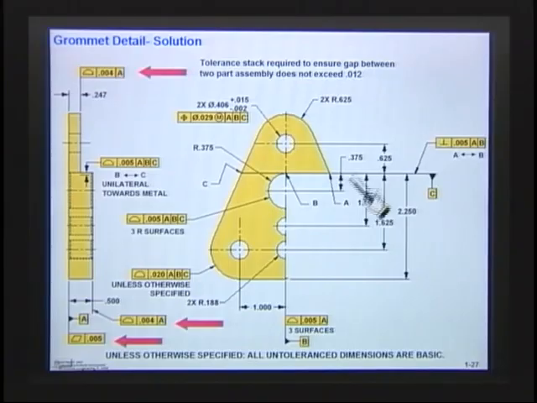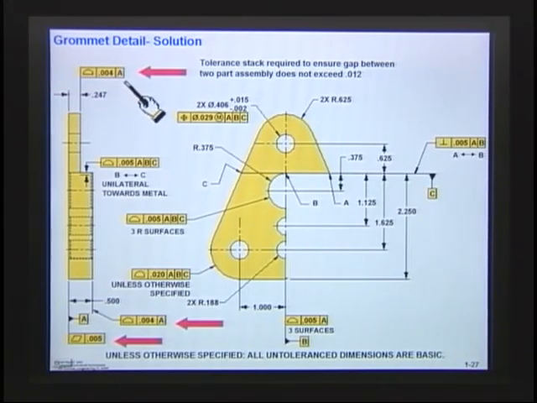You should have your final solution on this, an example that shows all the solutions. What we're interested in is making sure that we have the right gap when we take the two parts and put them together. So what we need to do here is a little tolerance stack to make sure that when I take the mating part and put it together, we will get this gap of 12 thousandths, and that I did this correctly.